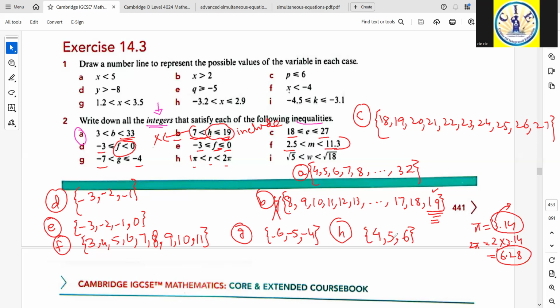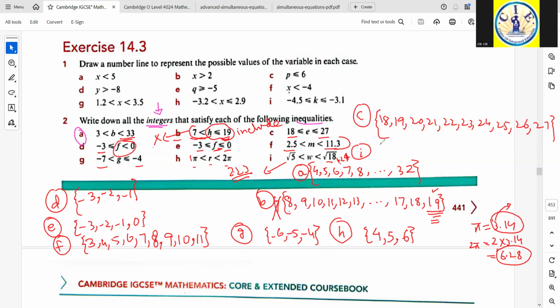Then finally part I. Square root of 5 and then square root of 18. So for part I, the answer is, if you solve square root 5, you get 2.23, and square root of 18 is 4.24. So the values of W should be greater than 2.23 having an integer value.